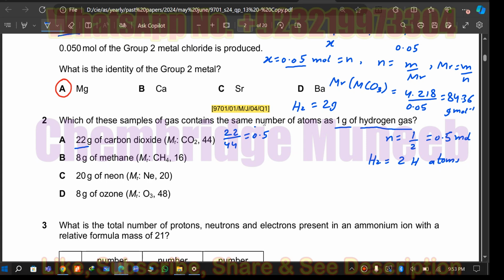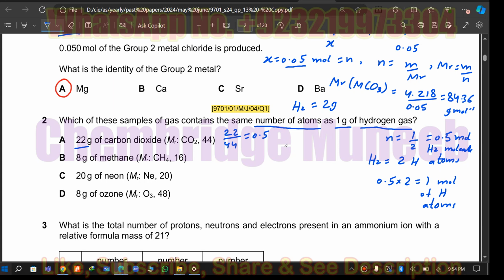So the number of atoms will be mole multiplied by number of atoms, so it will be 0.5 multiplied by 2, so 1 mole of hydrogen atoms. So in 1 gram of hydrogen gas there are 1 mole of the hydrogen atoms, whereas 0.5 mole belongs to the mole of the H2 molecules as a whole H2 molecule or H2 gas, hydrogen gas.